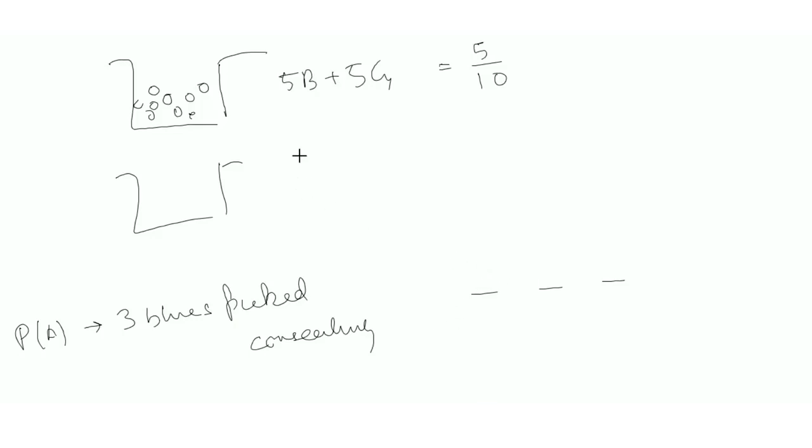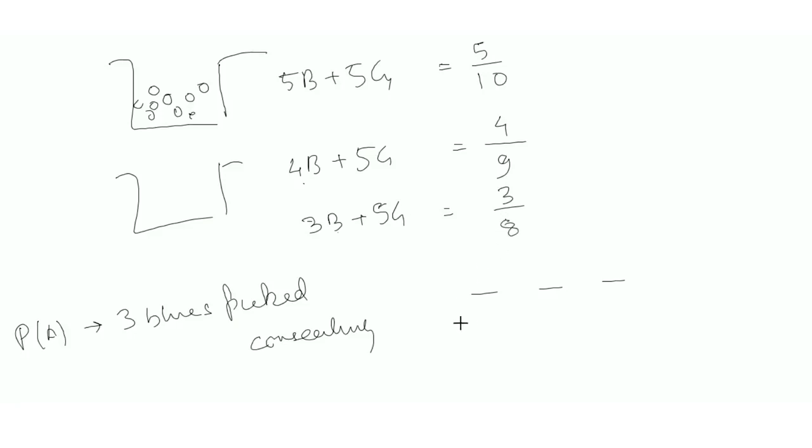Obviously if the first one is blue, then we are remaining with 4 blues plus 5 greens. So there are 9 possible options, and out of those we want to choose 4 blues. In the next iteration we will be left with 3 blues plus 5 greens. If the first 2 are blue, then from this configuration, if we again have to choose a blue, the probability is 3 by 8.